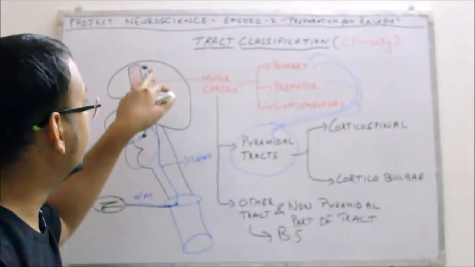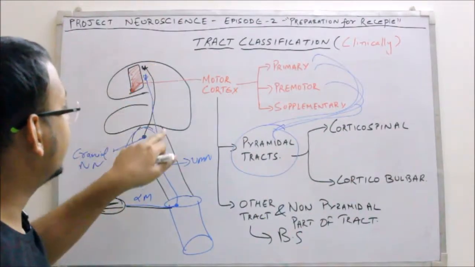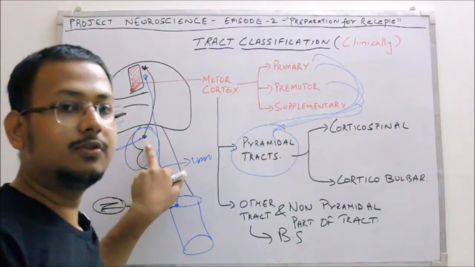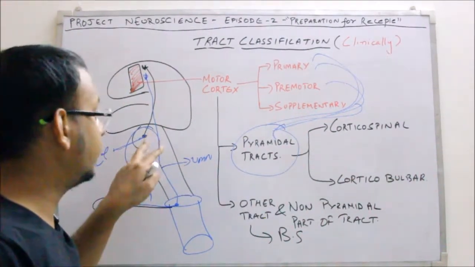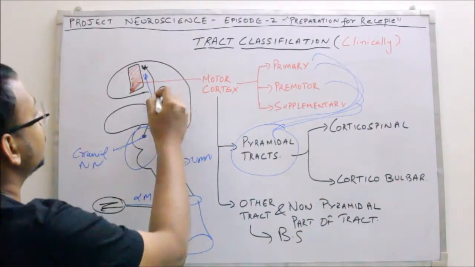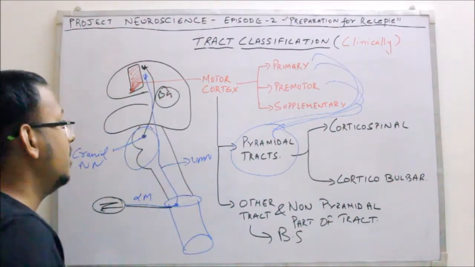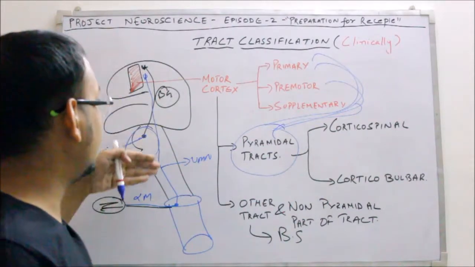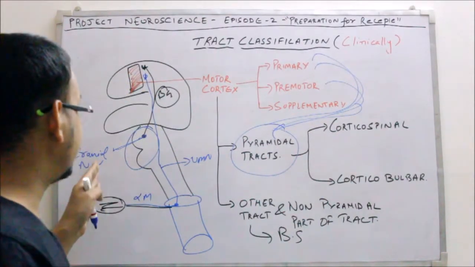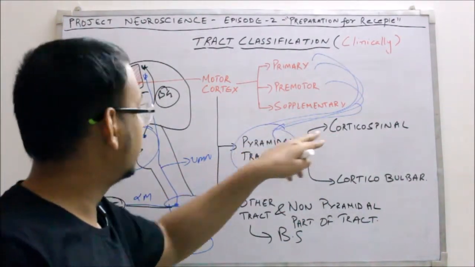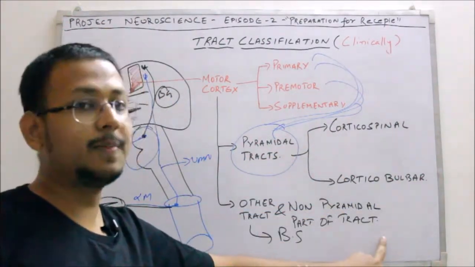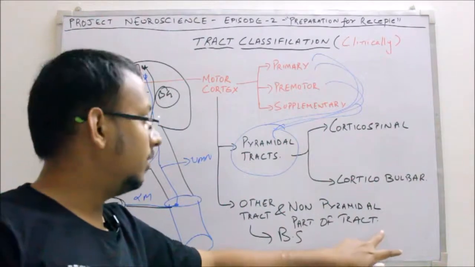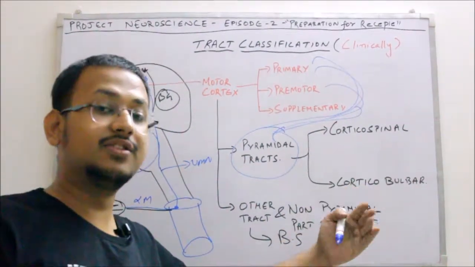So from the motor cortex neuron, signals come to the nuclei present in the brainstem and the basal ganglia also. These tracts are present besides the corticospinal and corticobulbar tracts, and are very important to know to understand their lesions better.